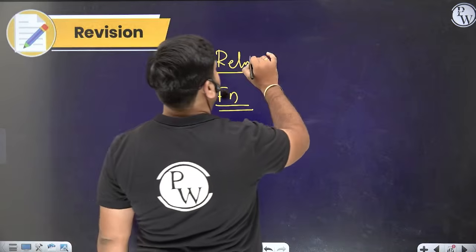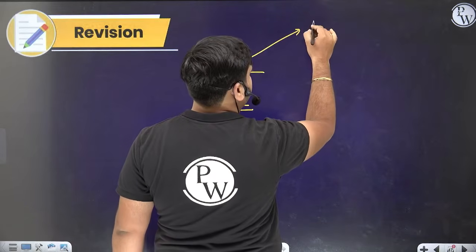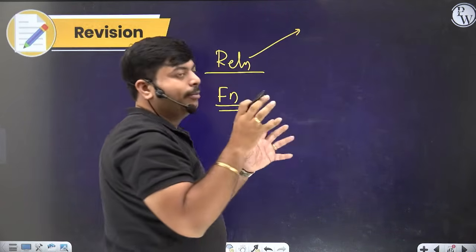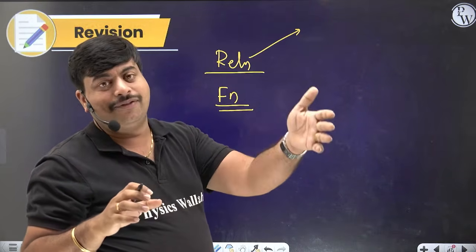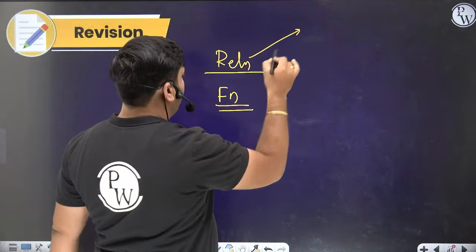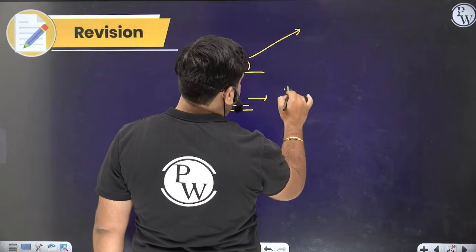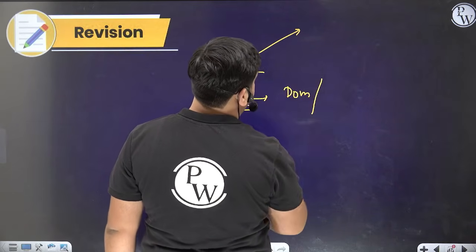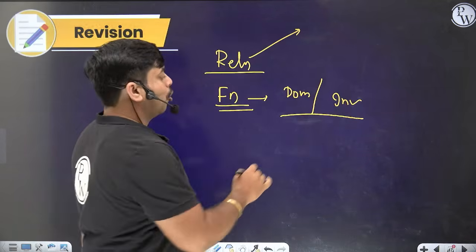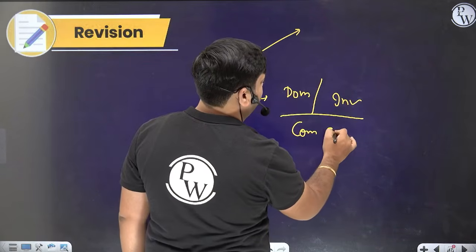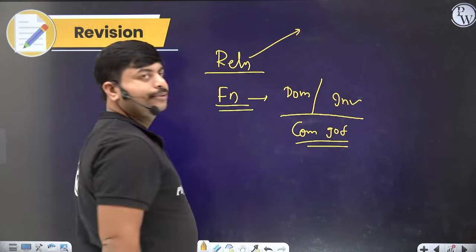In relations, the major focus will be that a relation will be given, and we need to find whether it is equivalence or not. And functions, domain-based questions, inverse-based questions, and composite functions. Composite functions, g circle f kind of things, are very important.